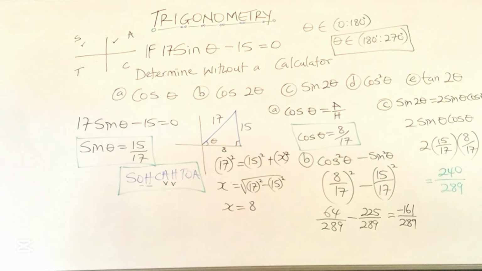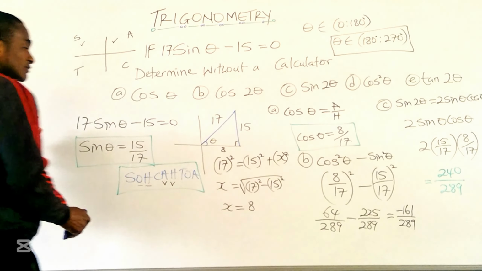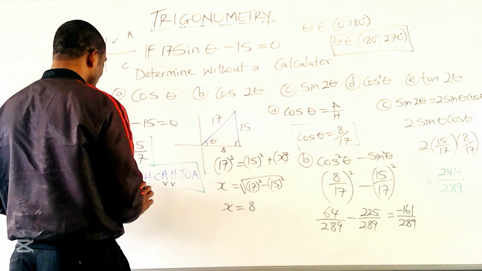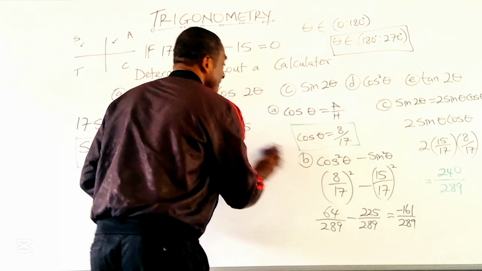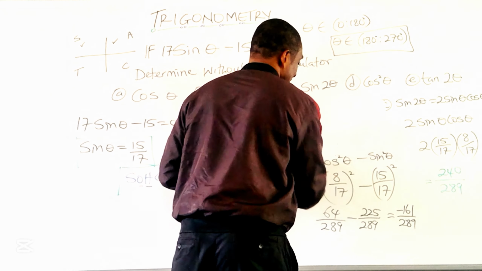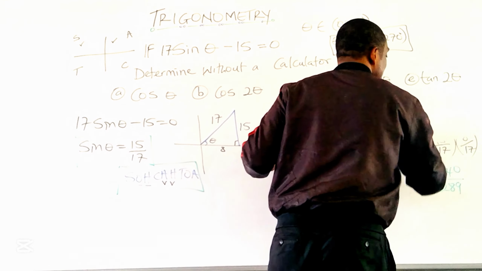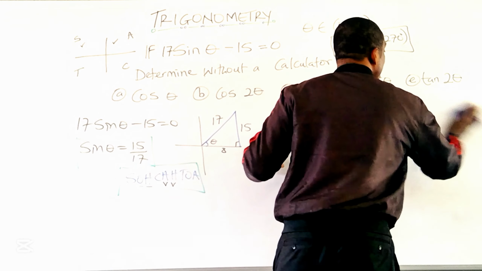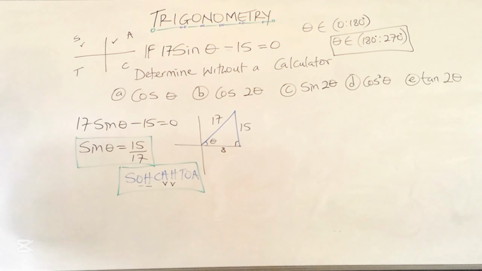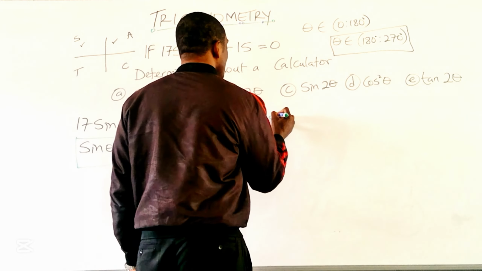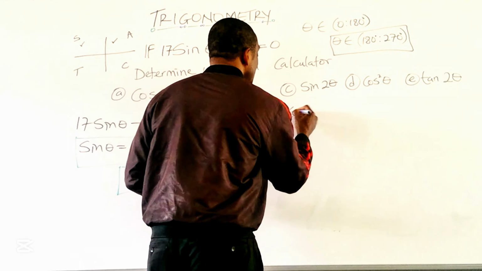Now let's go back and complete the remaining ones. It is always good to leave our foundation intact so we know where we are working from. Now let's go to question D. Now they're asking us for cos squared theta.